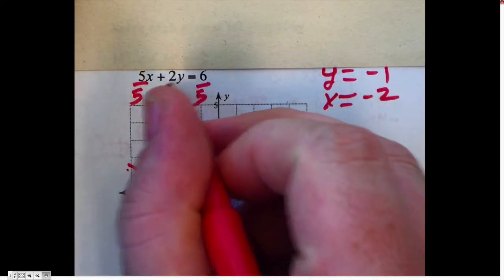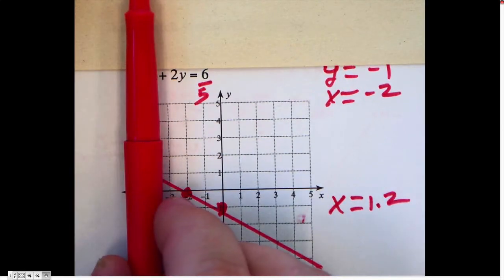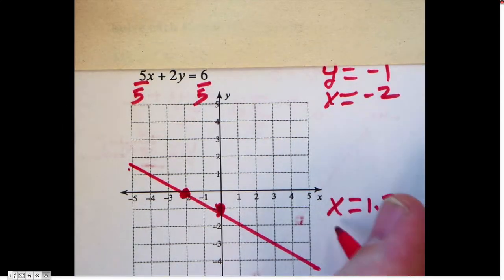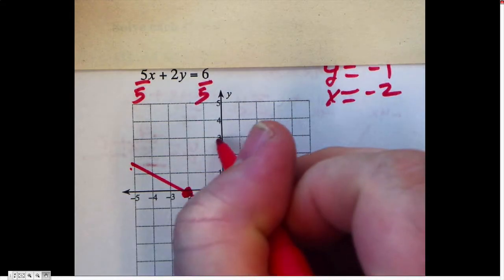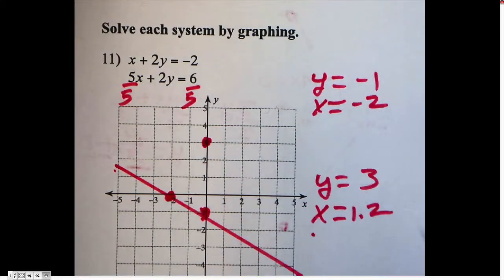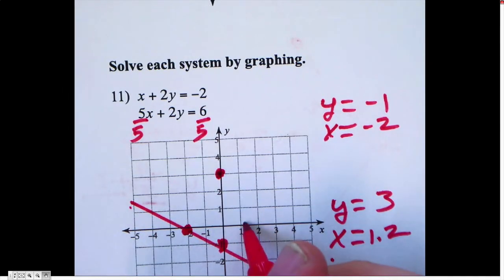Now we have the 2y and the 6. If we cover up the 6, or the x, excuse me, we have 2y equals 6. That tells us that y equals 3. So we have a point here and a point at 1.2.